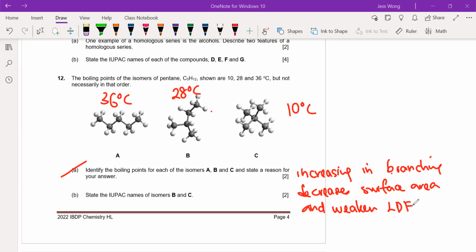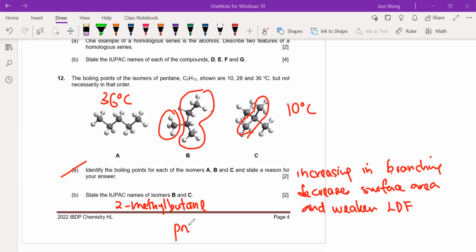Okay, now we're going to name B and C. If we look at B, the longest carbon chain is something like this, and on number 2 there's a methyl group over here. This is the methyl group. So for B, we call it 2-methylbutane. And for C, you can see this is the longest chain, which consists of 3 carbons, propane, and on number 2 there are 2 methyl groups over here.